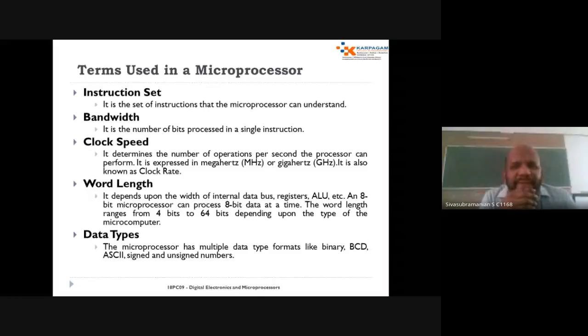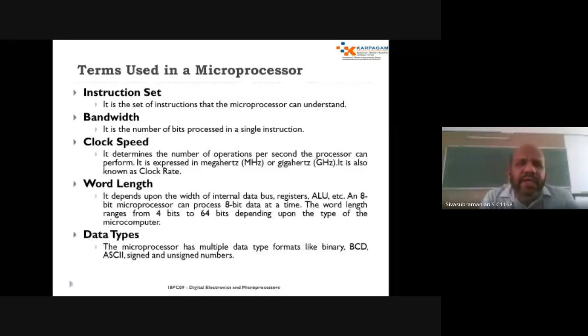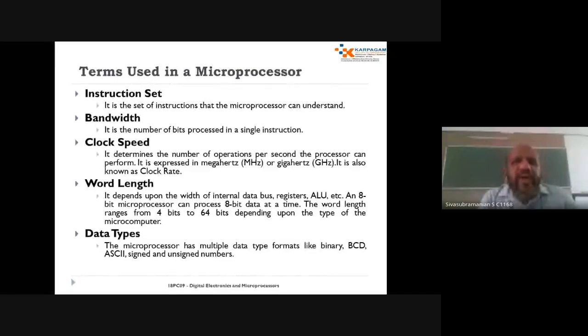Now there are a few terms that we should always keep in mind as far as a microprocessor is concerned. The first term is instruction set. Instruction set is nothing but the many instructions that we use for the microprocessor to do some operations, for example moving data, an input value to a register, namely the B register.